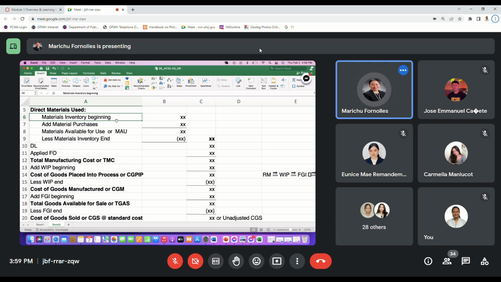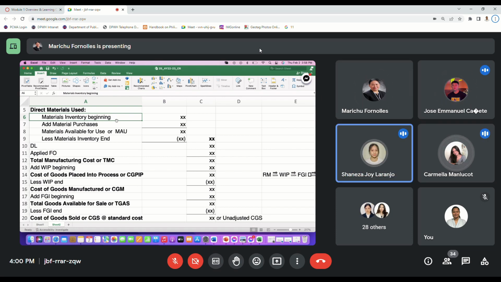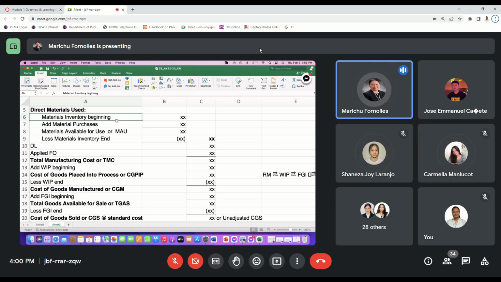TC column. What is the total cost of the materials left unused or on hand on July 5? So you add 30,000 and 22,500 equals 52,500. 52,500, ma'am.